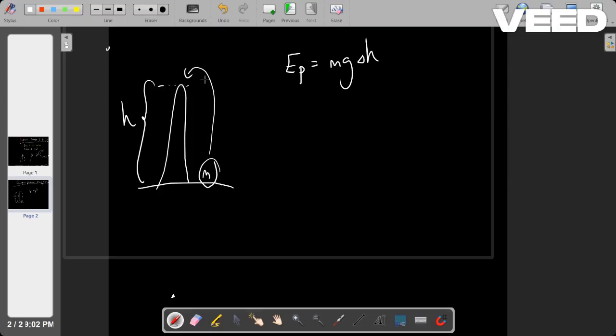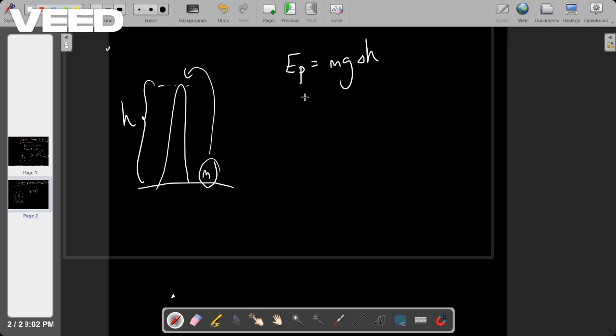So there's a potential energy difference between these two places. That is why EP equals mg delta h. Units are the same. g is the gravitational acceleration, m is the mass in kilograms, and h is measured in meters.